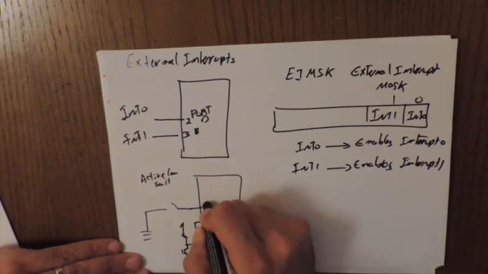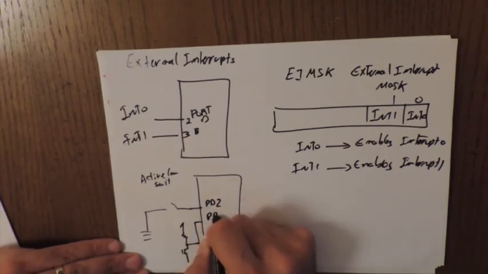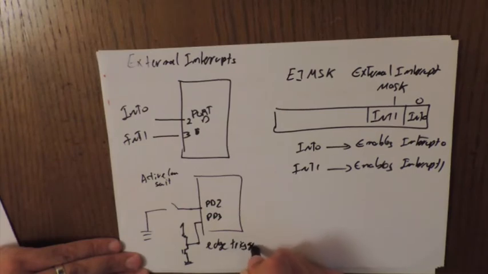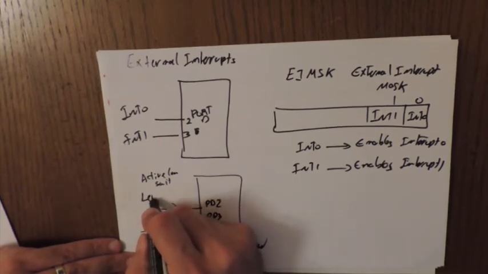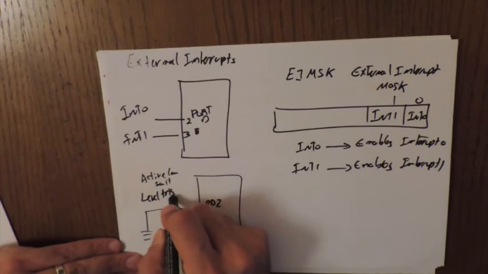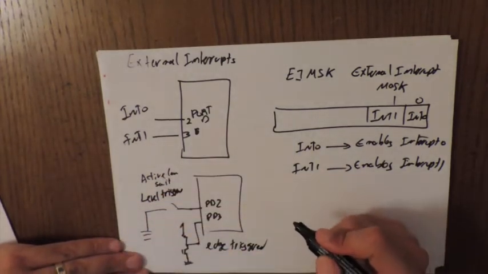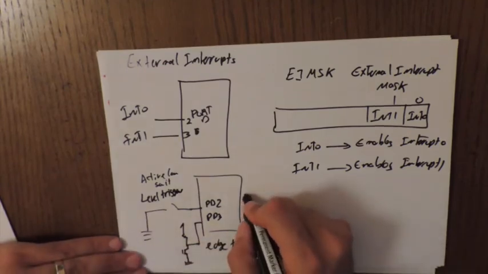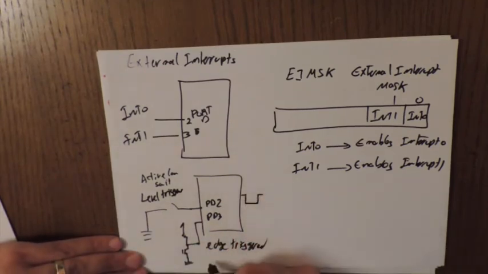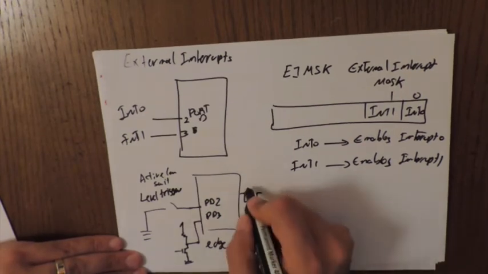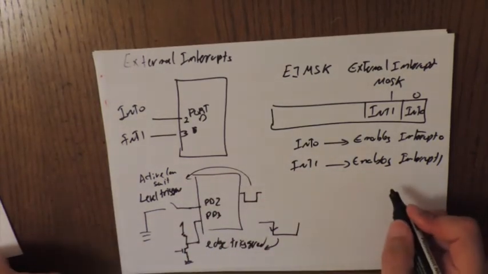Okay, this is PD2, this is PD3. This is called edge triggered, and this is called level triggered. Because for this I need to close down the switch so it's on a low level here, whereas in this case I need to have a falling edge. So this is the edge triggered and this is the level triggered.